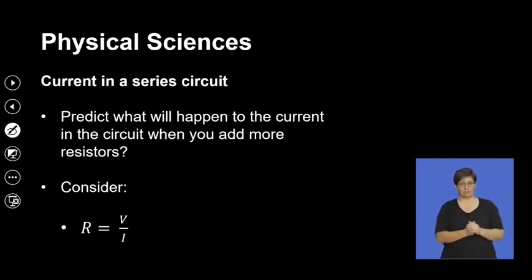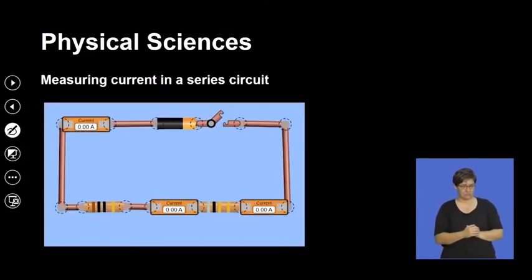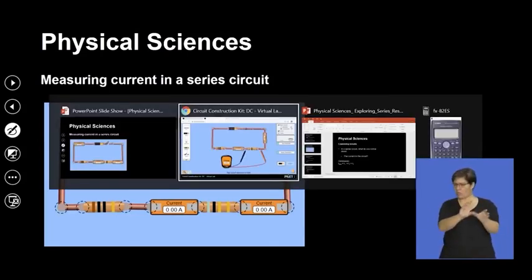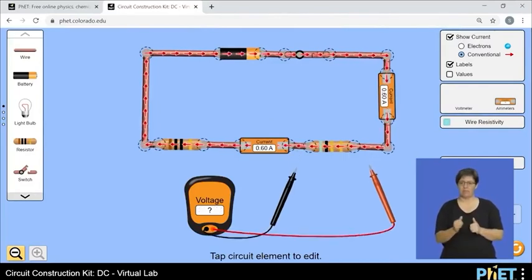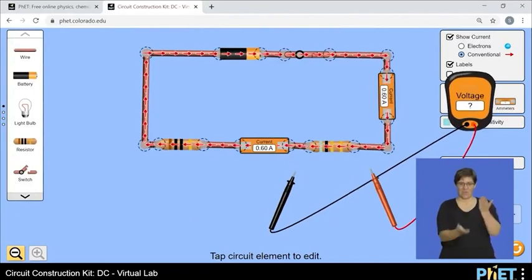Now, the other one: we want to predict what will happen to the current in the circuit when you add even more resistors. We started with a single resistor. So if we added more resistors, what effect did that have on the total current in the circuit? Let's go back a little bit to make that comparison.